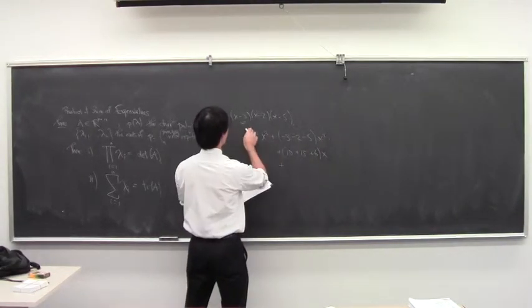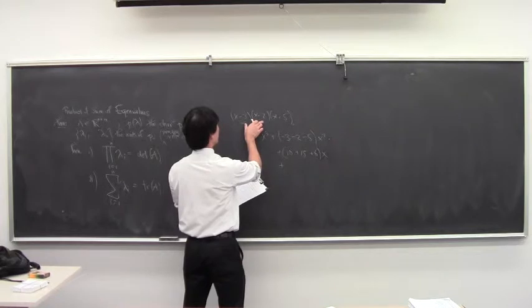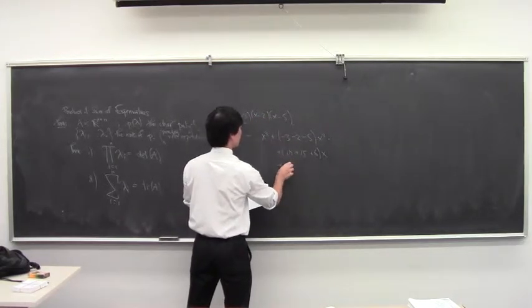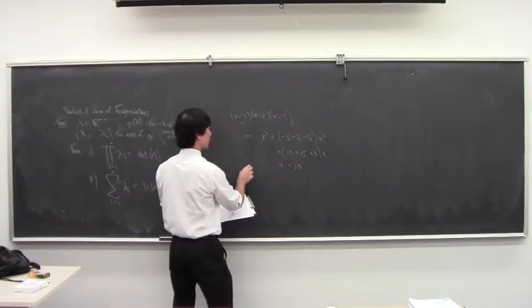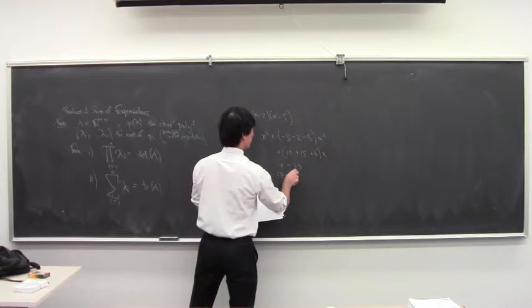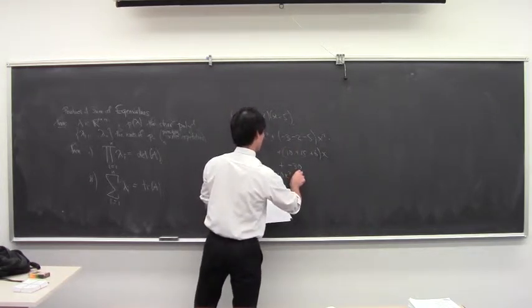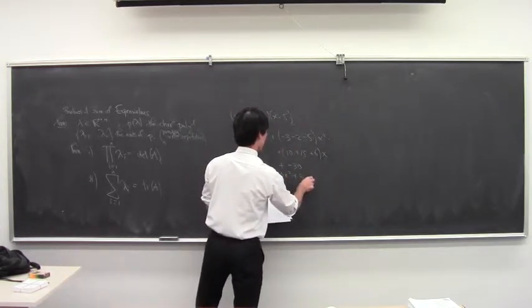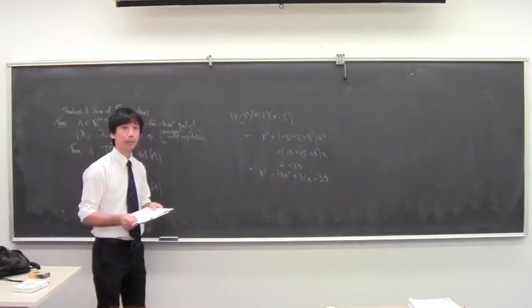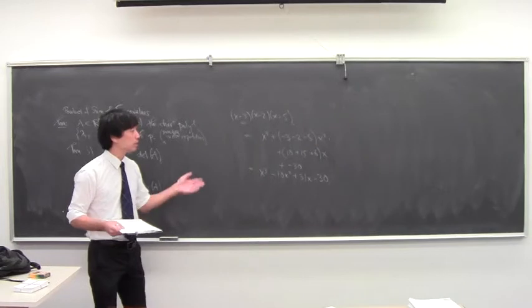And then how many constants do I have? Well, there's only one way to get the constant, and that's by taking this times this times this, which gives me minus 30. So that gives me x cubed minus 10x squared plus 31x minus 30.